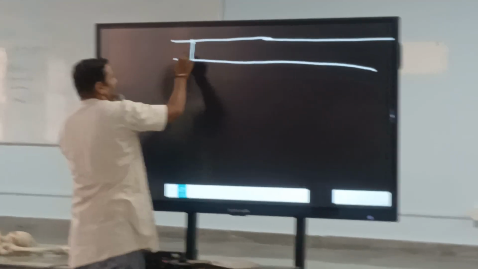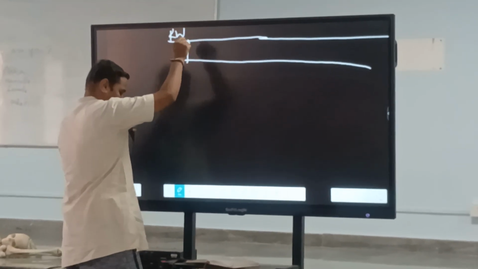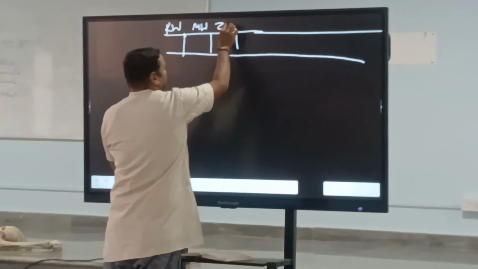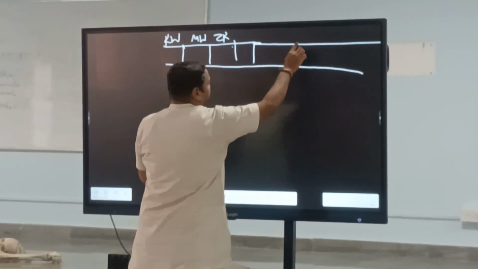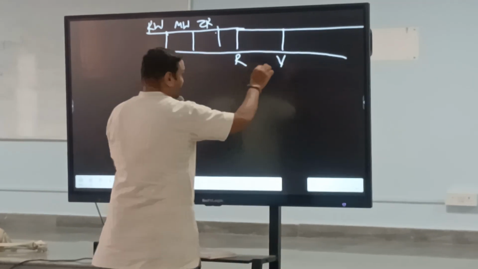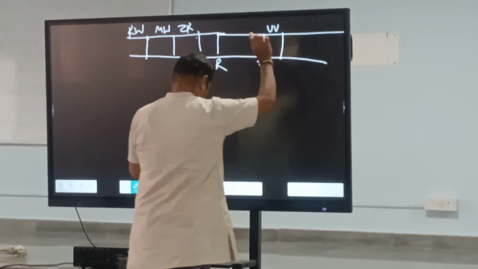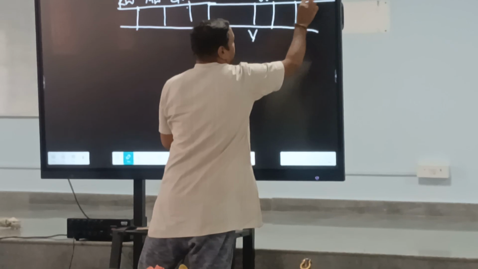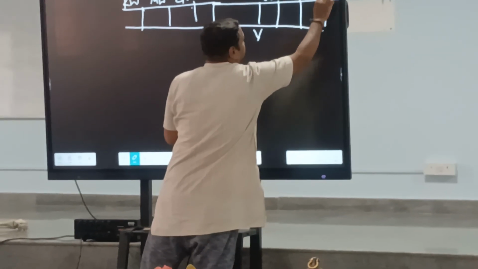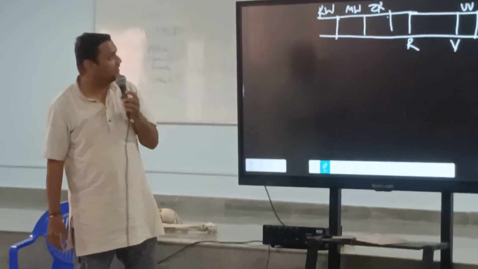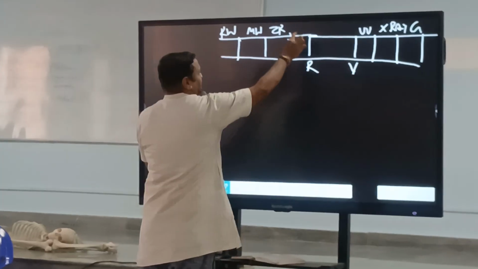This is around radio waves, then microwave, IR, then visible, which is VIBGYOR, then UV, then X-ray, then gamma. Sorry, this is infrared.